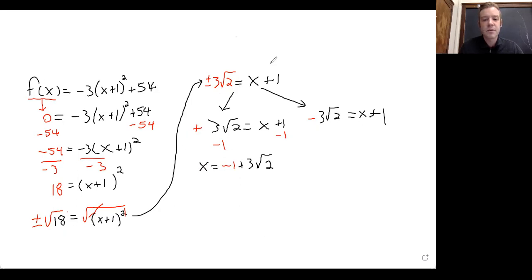And over here, when I subtract, I get x equals -1 minus 3 square root of 2.